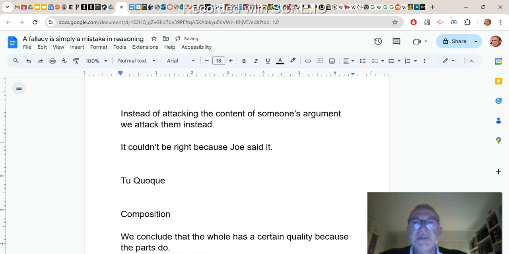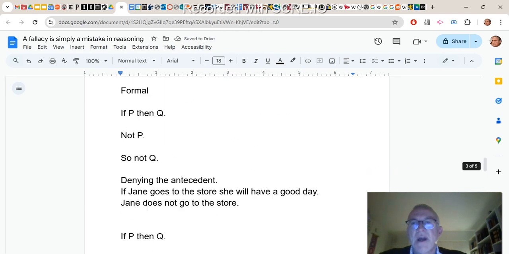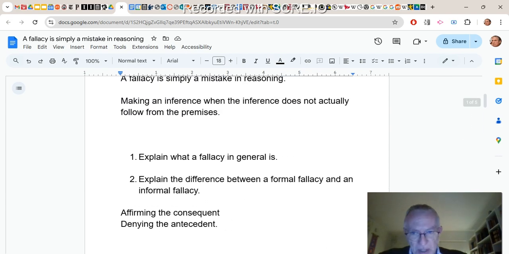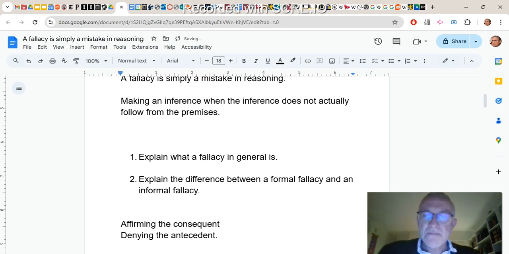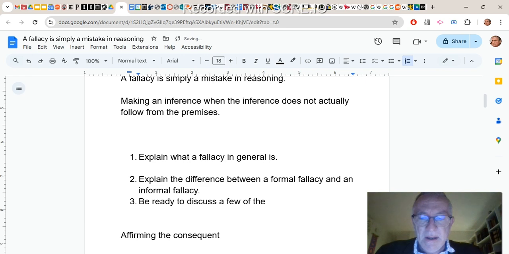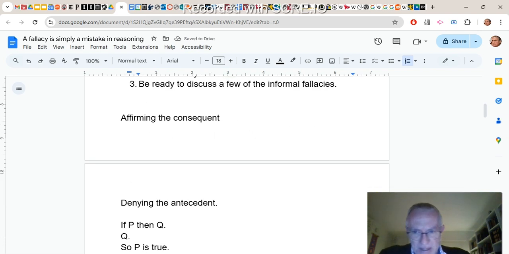So what you should be able to do for the final is, again, explain what a fallacy in general is. Be able to explain roughly what the difference is between a formal and an informal fallacy, and also be ready to discuss a few of the informal fallacies. You don't have to be able to explain them all, but be able to do what I did here.